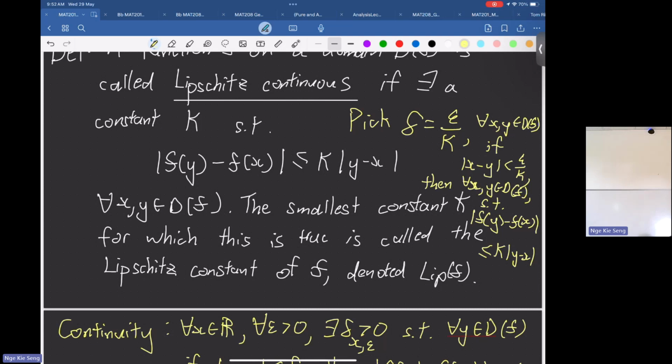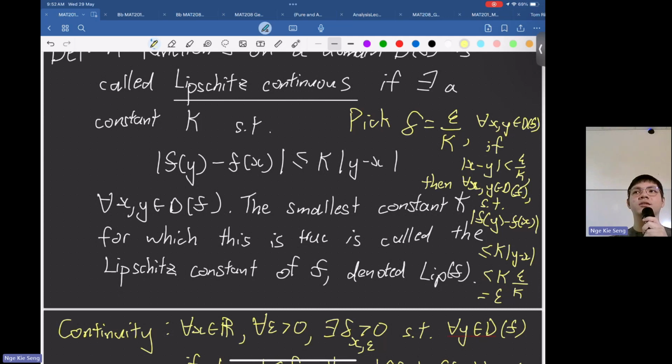This is what Lipschitz gives you. Correct or not? But you make it less than k times epsilon over k, so it is still true for all x and y in the domain.